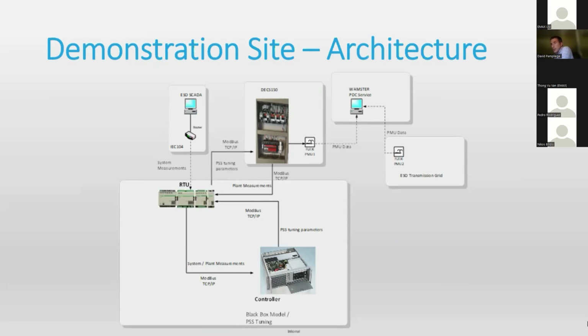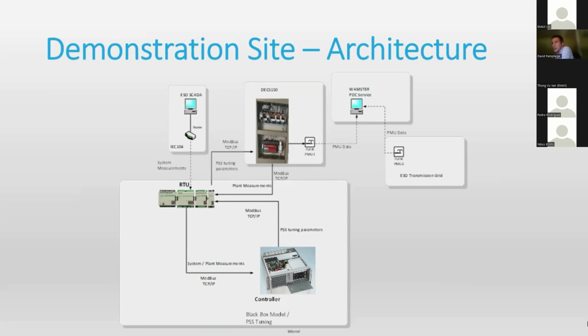So in this case, we will have, as mentioned, some remote measurements spread all over the area of influence of the plant in which we are implementing the system. Normally this will come from the transmission grid through the remote terminal units that they have deployed.